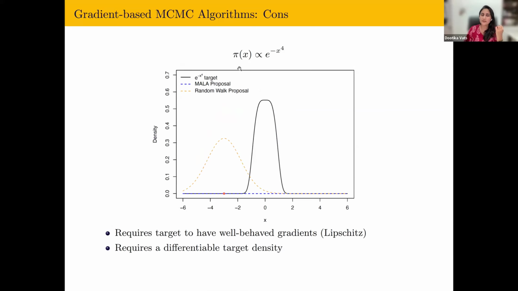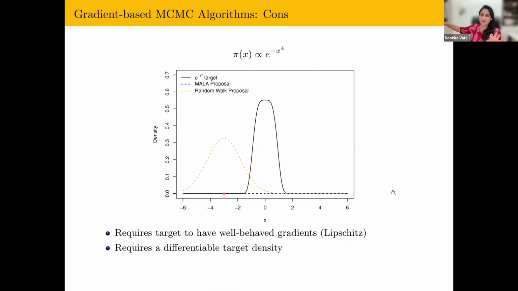So for example, if I look at the target, pi of x is proportional to e to the power minus x to the power 4, which is called the super Gaussian target. Then the random walk at the same point is certainly still centered at where we were before. But because of how massive the gradient is at this point, the MALA proposal is actually centered around 70 or 80.